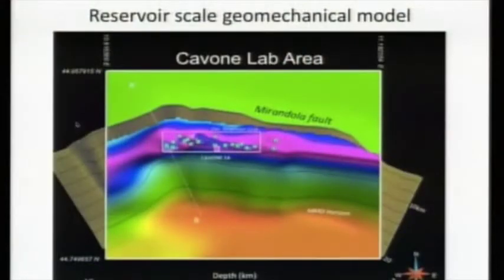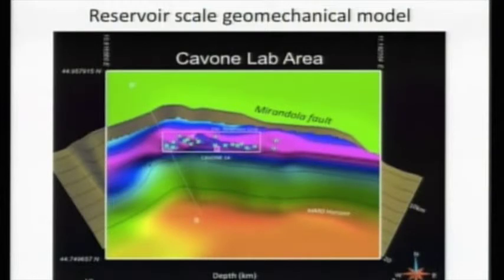Okay, so moving on to that model, this is showing basically the domain that we carved out of the Earth to model. Numerical models have to assume a finite domain. We assumed the domain, which is about 30 kilometers along strike, about 25 kilometers across strike, and 20 kilometers deep.